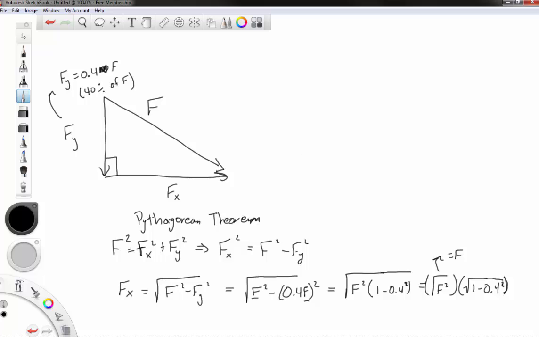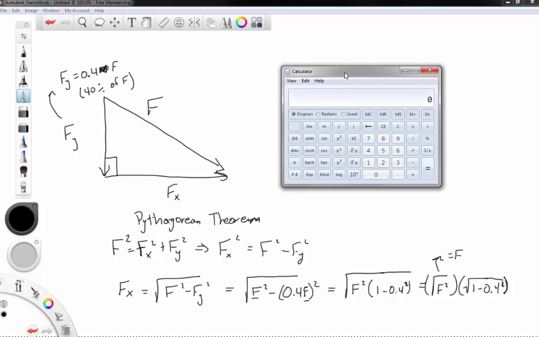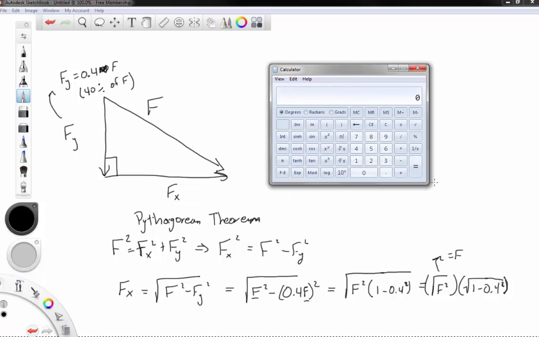So let's pull open the calculator and see what this difference of squares really gives us. 1 minus 0.4, but I have to square the 0.4 before taking it away from the 1, gives me 0.84.